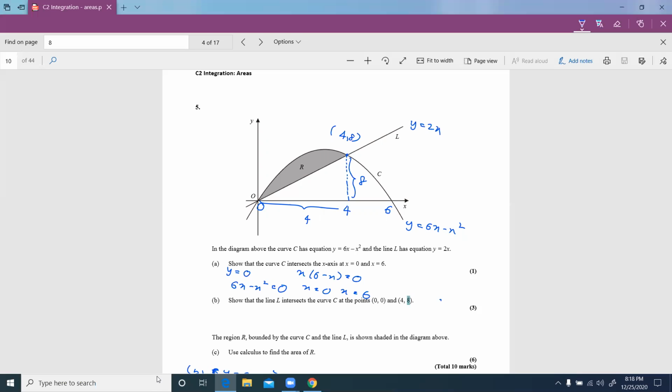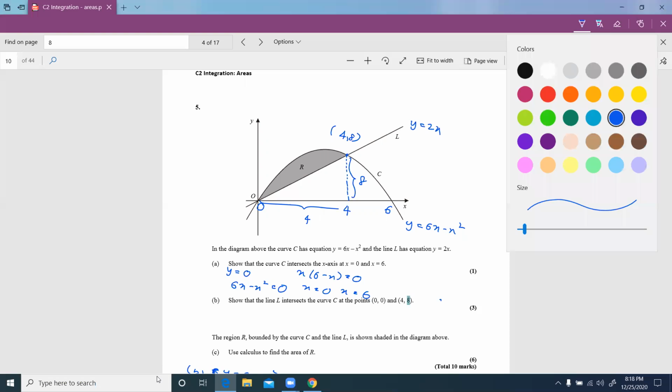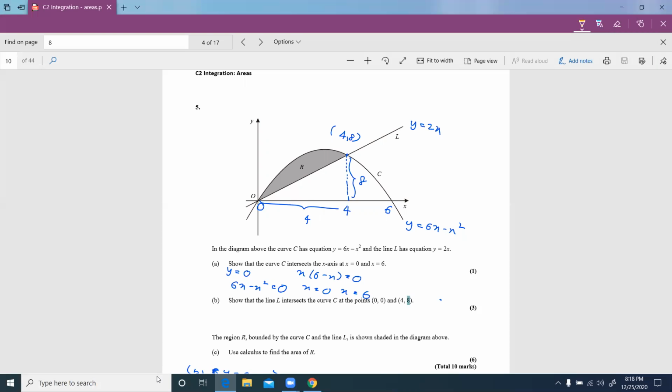If you integrate this graph from 0 to 4, what kind of area will you receive? The area between the curve and the x-axis. You can clearly see it encloses this whole area. That is the first area we need to find, and we can find it by integrating the curve from 0 to 4.